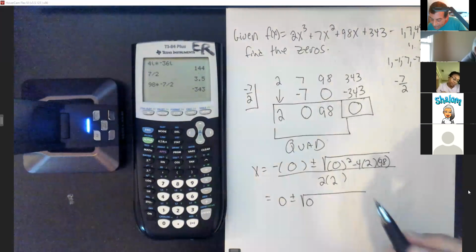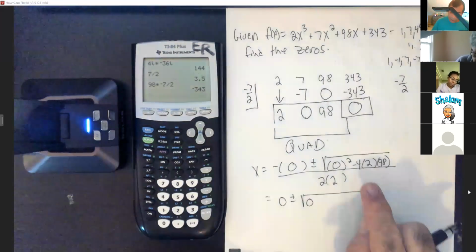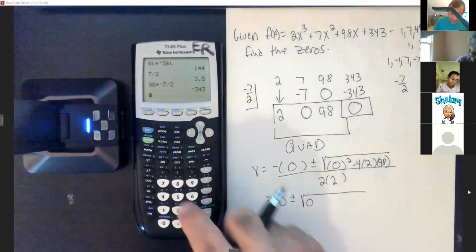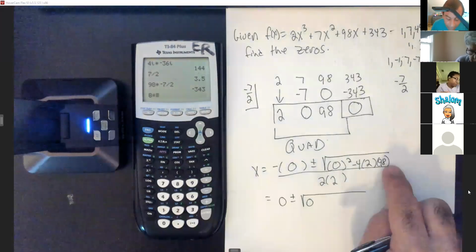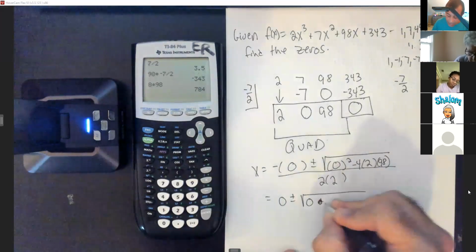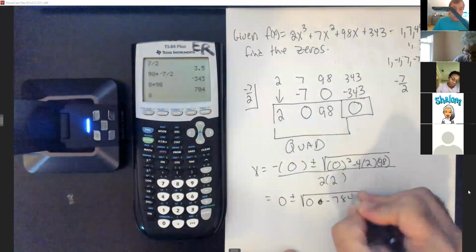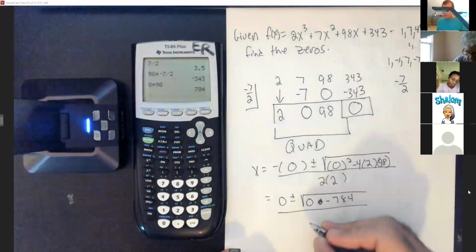All right, y'all, this side is 1 negative. So 4 times 2 is 8. 8 times 98. Whoo, that's a negative 784. All that over 2 times 2 is 4.